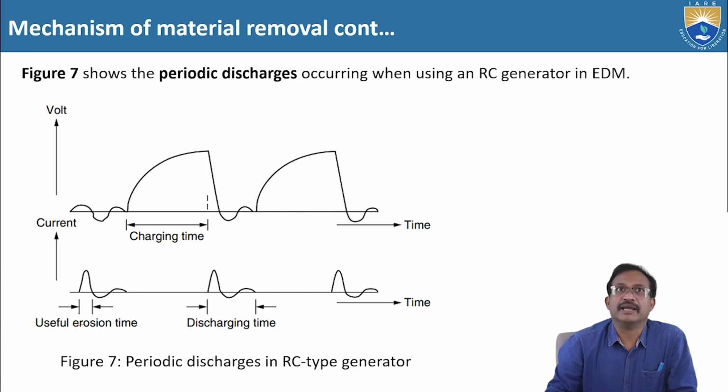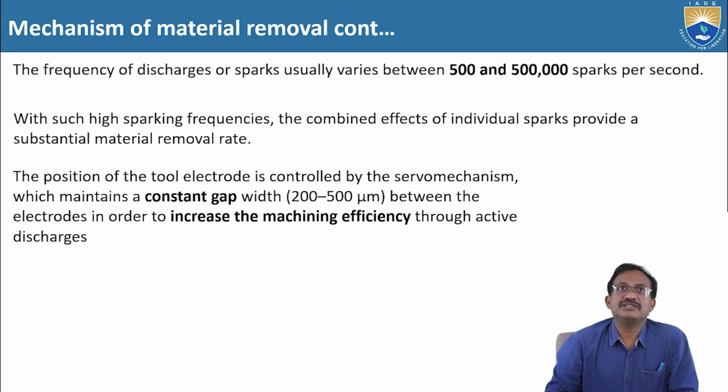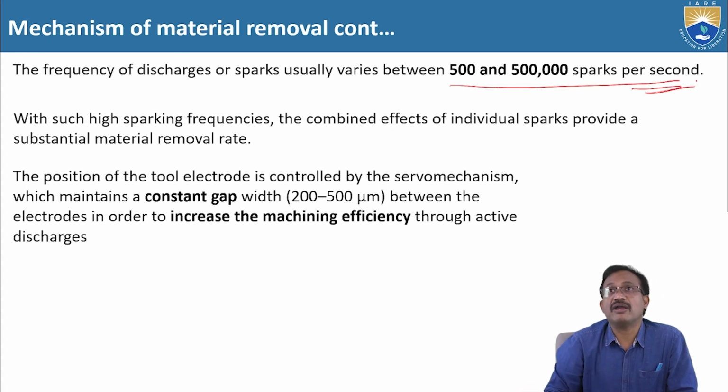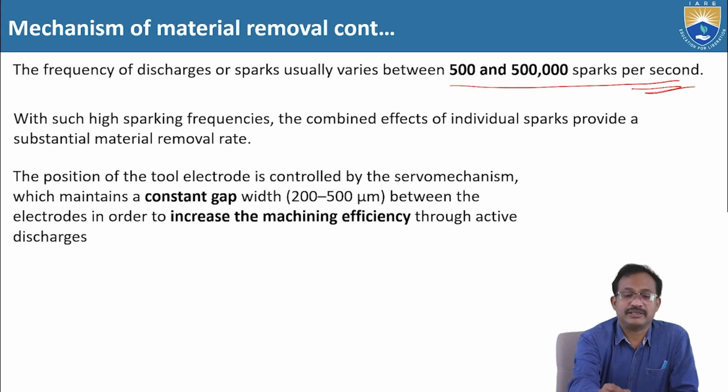The frequency of discharges or sparks usually varies between 500 and 5 lakh sparks per second. Per second, not per minute. 500 to 5 lakh sparks will occur in 1 second. That is the frequency of discharge or sparks. With such high sparking frequencies, the combined effects of individual sparks provide a substantial material removal rate.